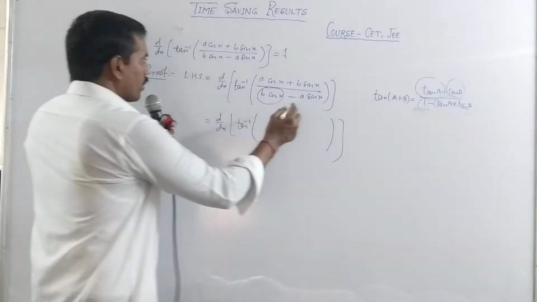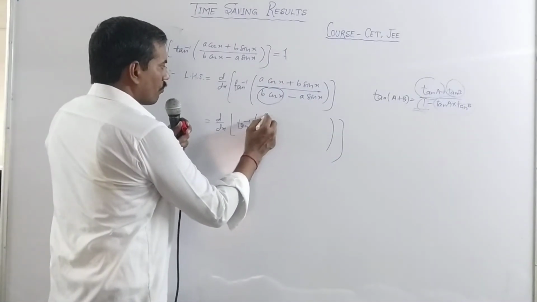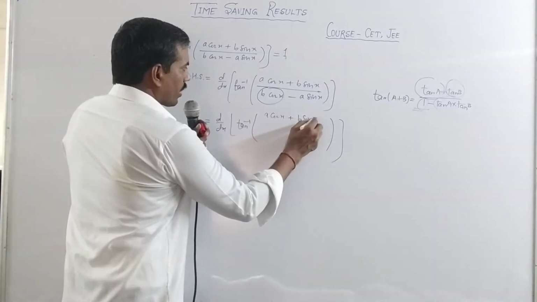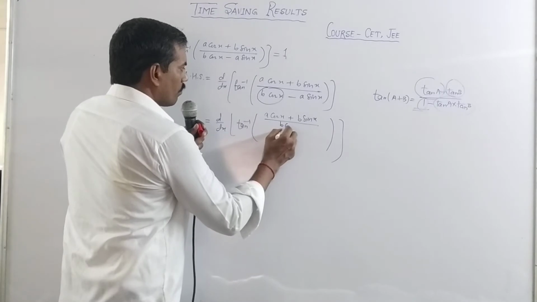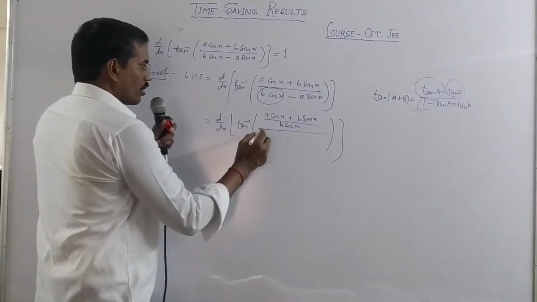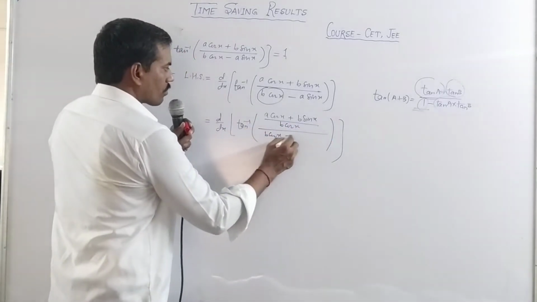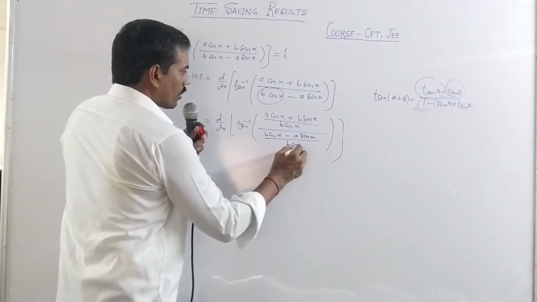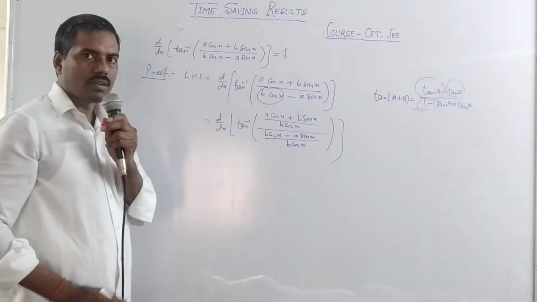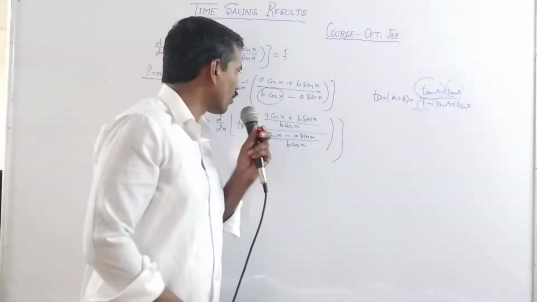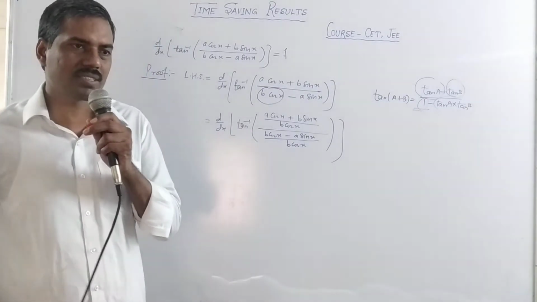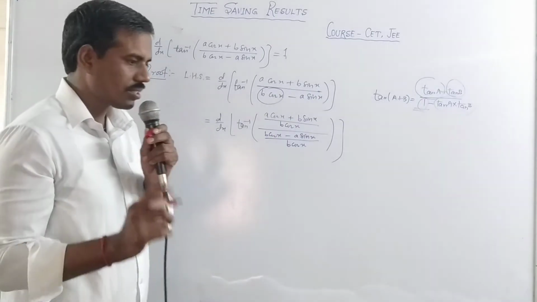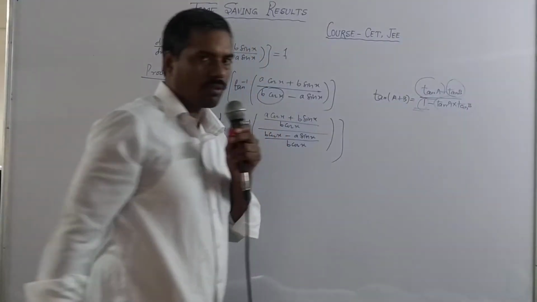So dividing by b cos x, we have (a cos x plus b sin x) divided by b cos x, whole divided by (b cos x minus a sin x) divided by b cos x. The reason for dividing by b cos x is that we have to get the first term 1, since we have to apply this format.